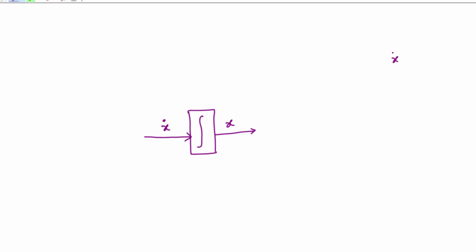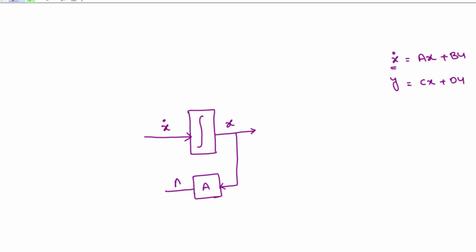So what are our equations? The state equation is x dot equal to Ax plus Bu, and the output equation is y equal to Cx plus Du. Now you have x. Let us take the value of A and multiply x with it. The output of this is Ax.